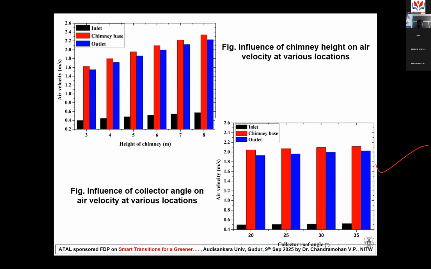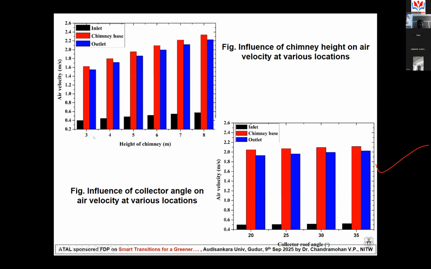So now the influence of the chimney height. Actually, in our system, we developed up to 6 meters only. If the height is increased beyond that, how will the air velocity increase? At 3 different locations, the inlet of the system, the chimney base, and the outlet of the chimney, we estimated the air velocity for different heights.